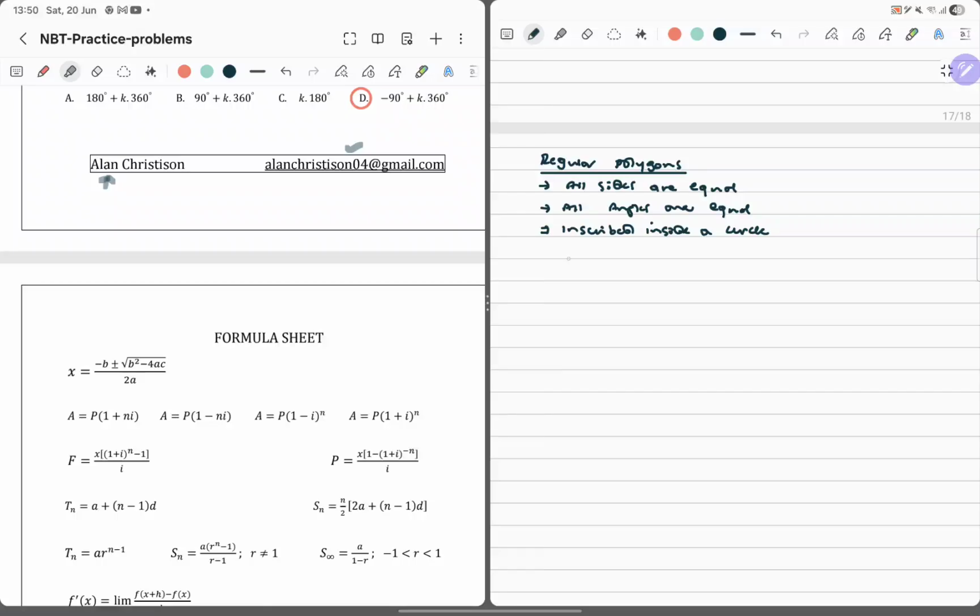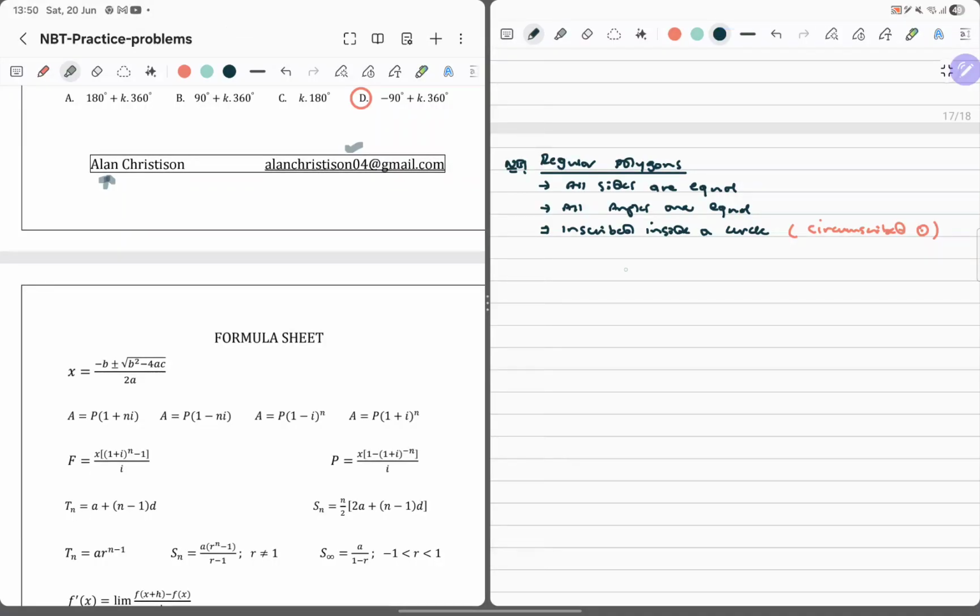Or you can say there is a circumscribed circle. Always. It's not a matter of sometimes, it's a matter of always. So these are the notes, folks, you need to know.